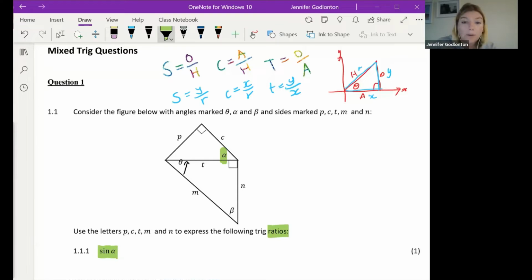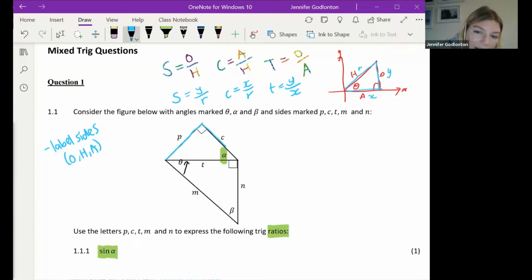You're going to label your sides with your O's, H's, and A's, and we're only dealing with alpha, which means you're only dealing with that triangle over there. I would like to know what sine alpha is going to be as a fraction using the letters P, C, and T. Okay, so that's my first question to you.